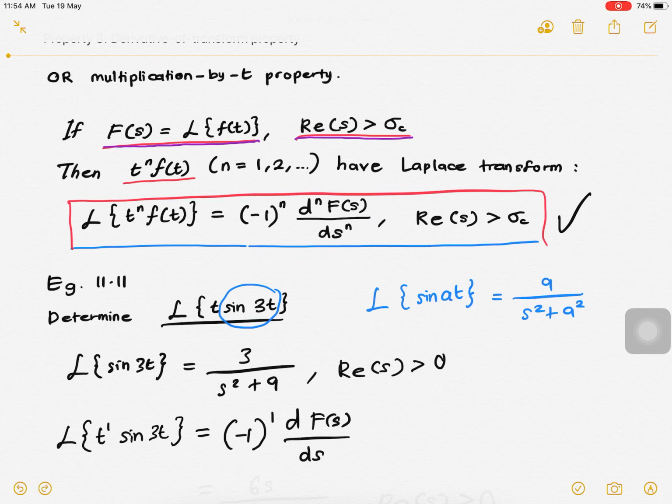It depends on the value of n right here. When n is for example 1, we have the negative of df/ds. So this is the Laplace transform. We need to do some differentiation.